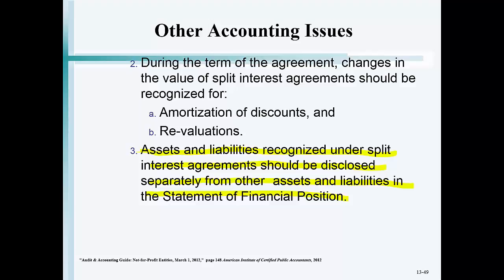And we'll show that because there's a bit of a restriction on that cash, isn't there? So we're going to have to report that separately. The liability, that 85,000, whatever the number was, that liability for Mr. Altruistic, that's going to be reported as liability under split interest agreement. We have to call them out separately, don't we?